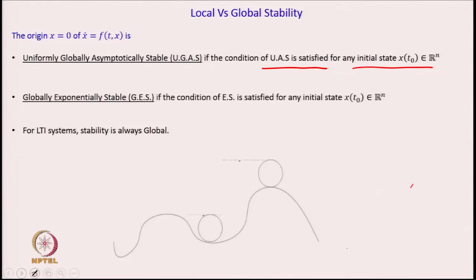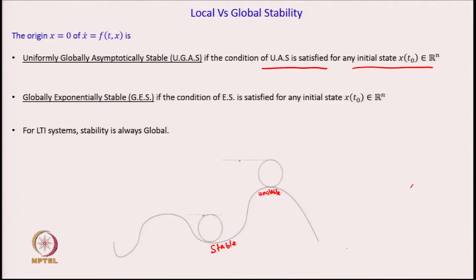So, let us look at this example where I have a system with multiple equilibrium points. We can see here that this equilibrium point is a stable equilibrium point, that is if we perturb the ball slightly from its equilibrium position, it will eventually stay within the vicinity of the equilibrium point. However, here if we disturb the ball from its equilibrium position, it will not stay within the vicinity of the equilibrium point. So, this equilibrium point is unstable.